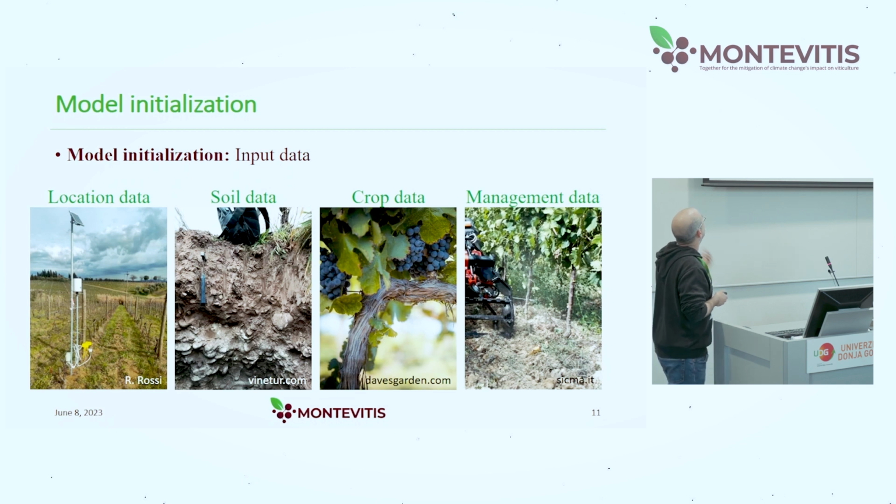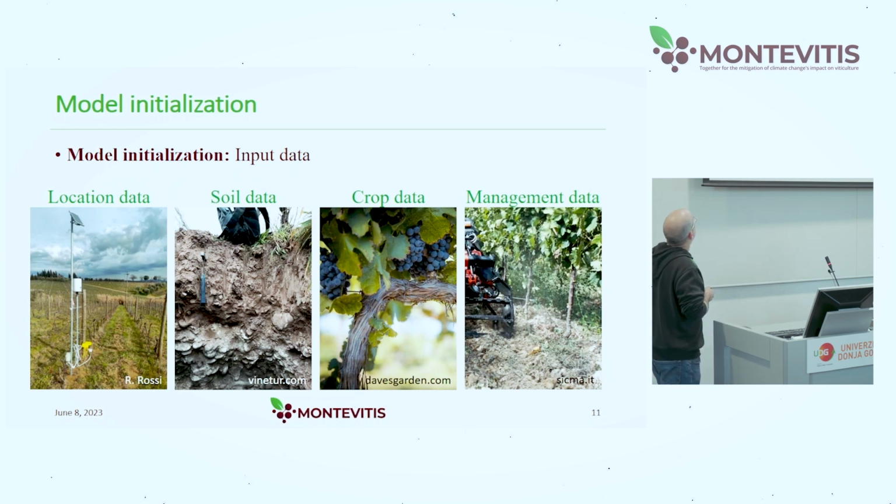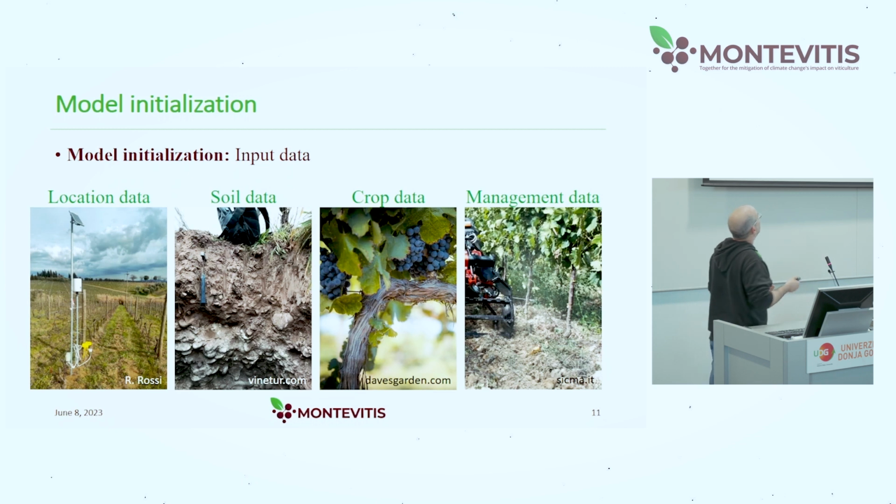The weather has an important relation with the location. Also, we need some soil data, that can be the texture or the soil organic carbon content, the rock matter, and so on, the soil depth.